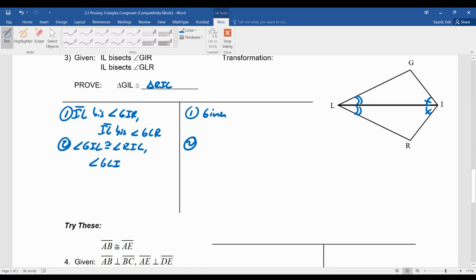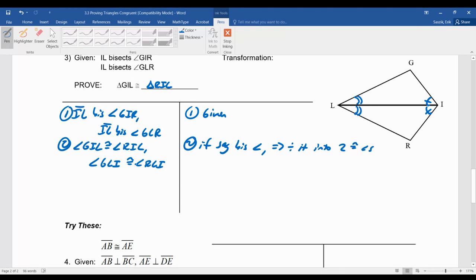So I put a comma after that. And angle GLI is congruent to angle RLI. And this would be what? Again, look at reason 5. If a segment bisects an angle, actually, is it reason 5 or is it reason 6? Reason 6 is where we're talking about bisecting an angle. If a segment bisects an angle, then it divides it into 2 congruent angles.